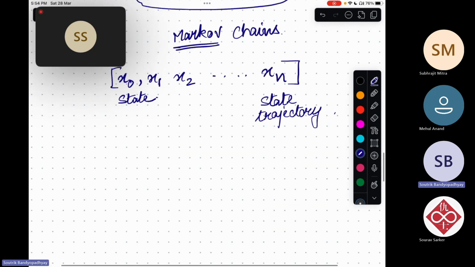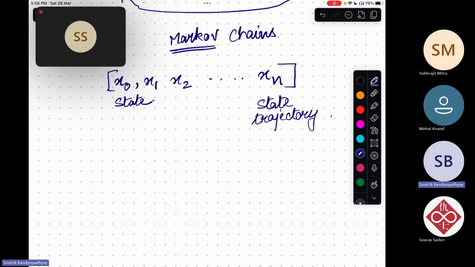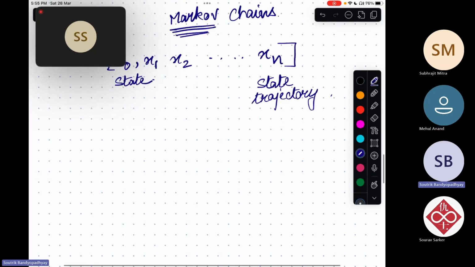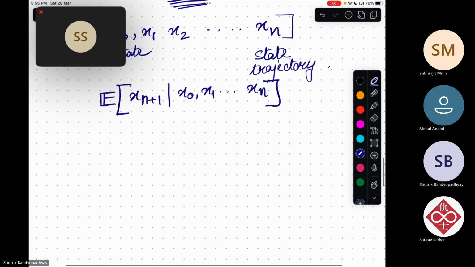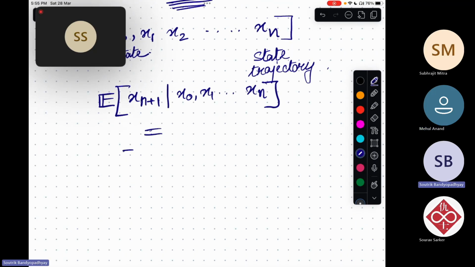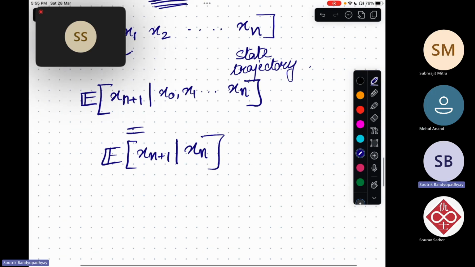So the Markov property is the property of this state trajectory that the expected value of the future state x_{n+1}, given the entire trajectory, which is x0, x1 up to xn, is nothing but the expected value of the future state x_{n+1} given the current state only. So if you have Markov property, you can forget about the history.